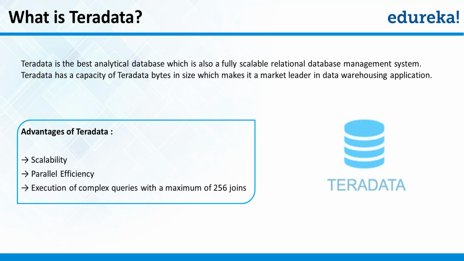Apart from that, the advantages of Teradata are it's linearly scalable. Okay, so if you add more hardware, your query performance and the capacity to store more data linearly increases. Similarly, if you reduce the number of users, your performance again improves. Okay, so it's linearly scalable.